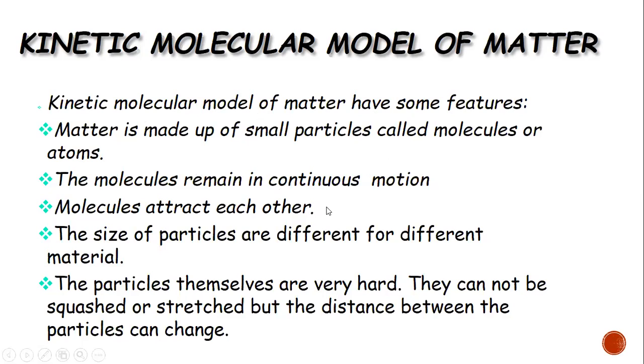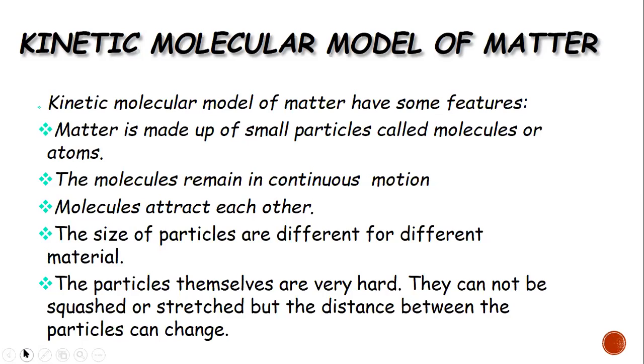Molecules attract each other. The size of particles is different for different materials. The particles themselves are very hard, and they cannot be squashed or stretched. But the distance between the particles can change. For instance, if we stretch a rubber band, it doesn't mean that the particles in the rubber band become bigger or get stretched or squashed.